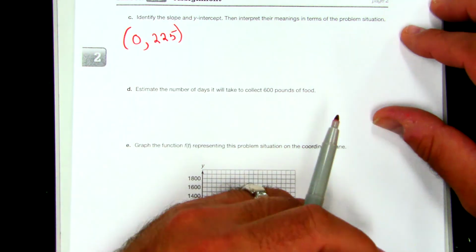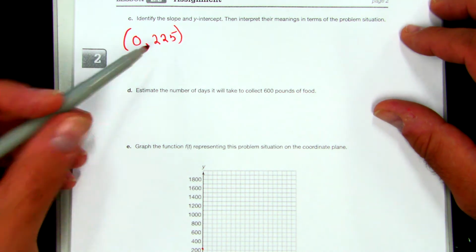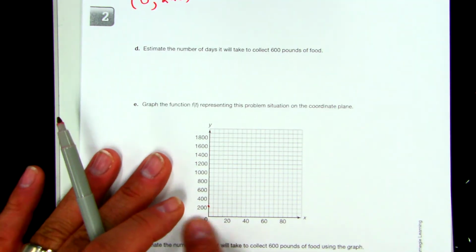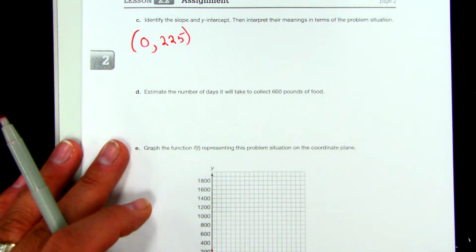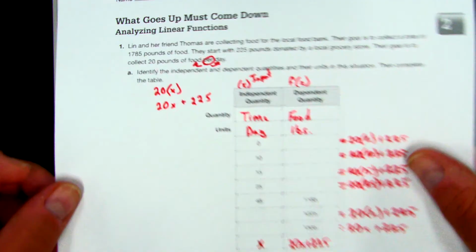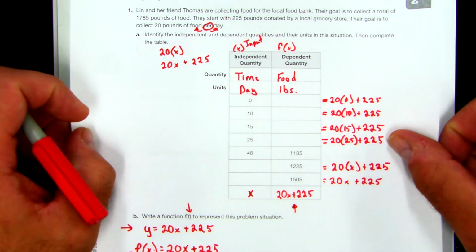But it's got to be listed as a point. So the y-intercept is (0, 225), meaning I don't go left and right, I just went up to 225, because we started with 225. So in the problem, what you start with is your y-intercept. And your y-intercept is the amount that you start with.